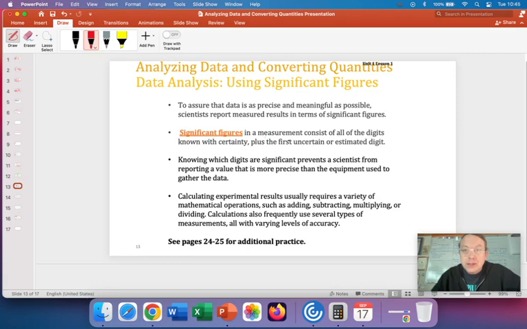significant figures consist of all of the digits that we know with certainty plus the first uncertain or estimated digit. And what that means is I might see my ruler, I might measure something up to this centimeter, maybe 8. Let's see, I can go up to 8, but maybe the thing I'm measuring is just after it.